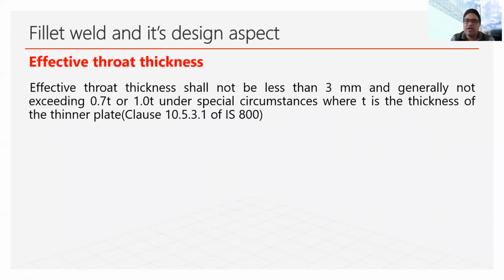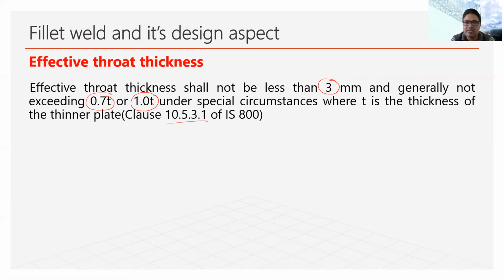The maximum value of throat thickness is generally about 0.7 times T, and the minimum value of throat thickness should not be less than 3 mm. This is also specified in the IS code. If you go to this clause number, you will get this statement. It says 1 times T under special circumstances.